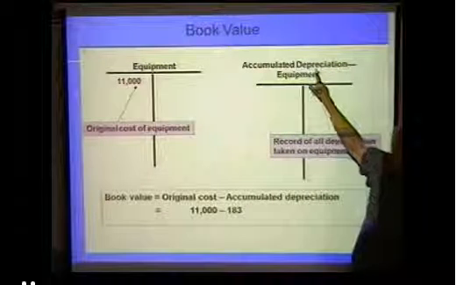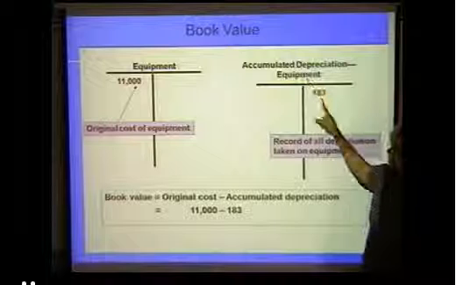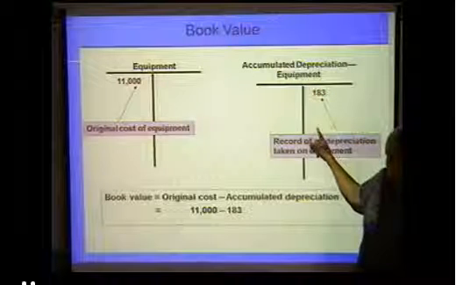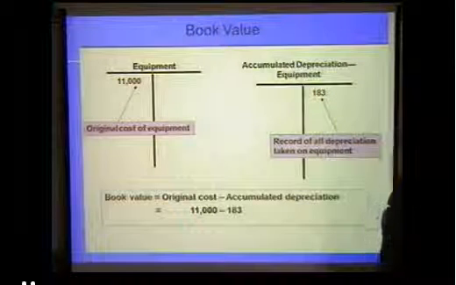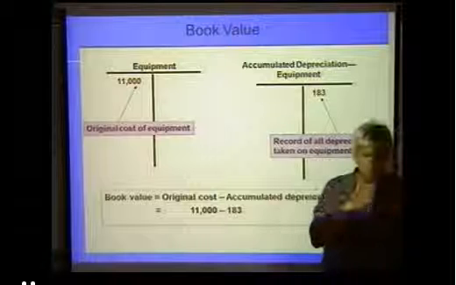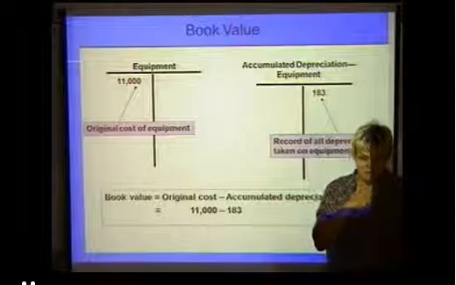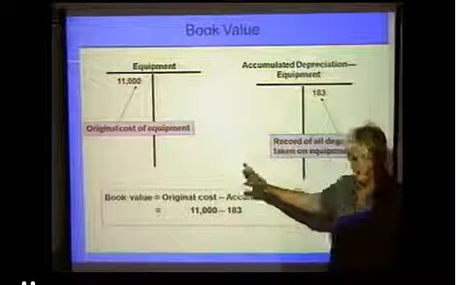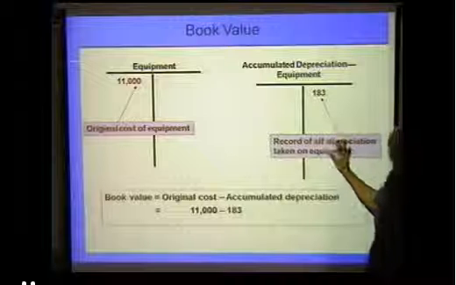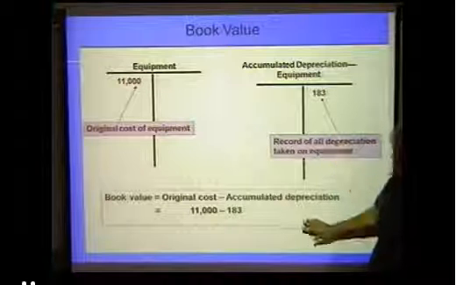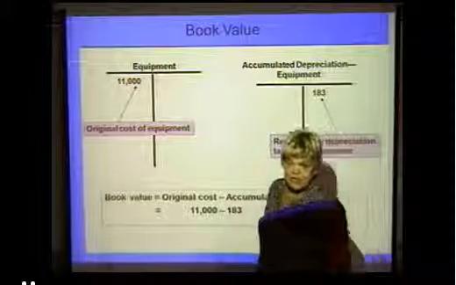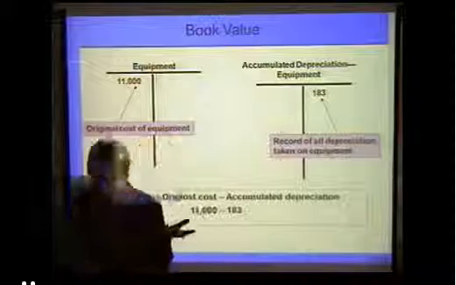So if I want to know the book value of my equipment, we take our cost less total accumulated depreciation, and that gives us our book value, the value that is still good. So this would be our book value.